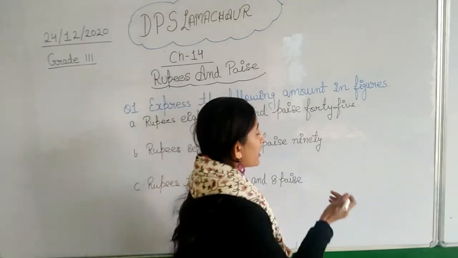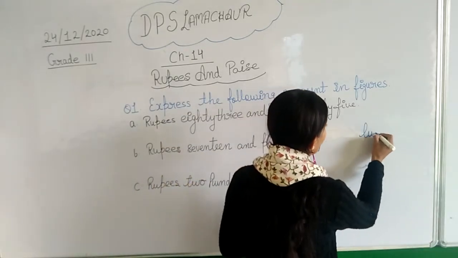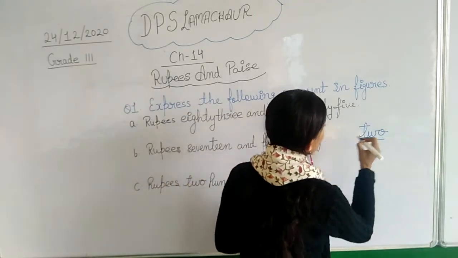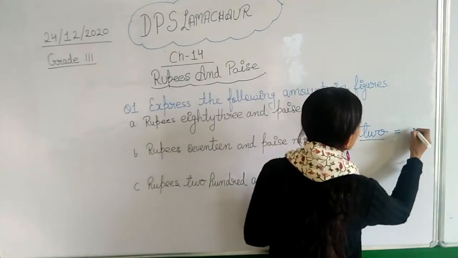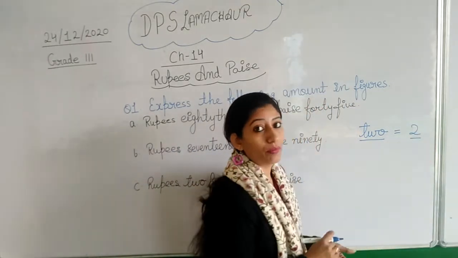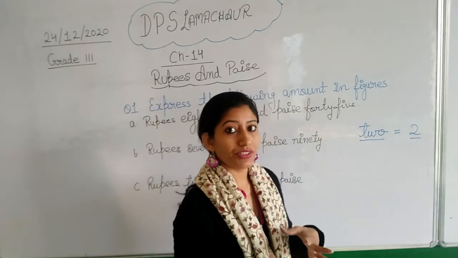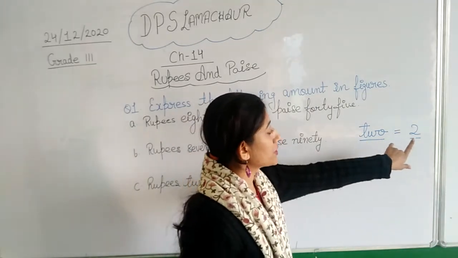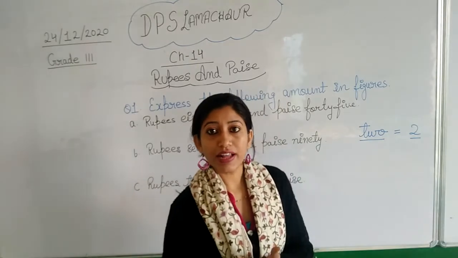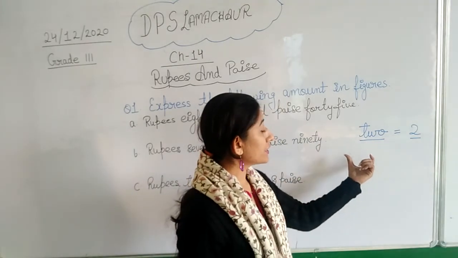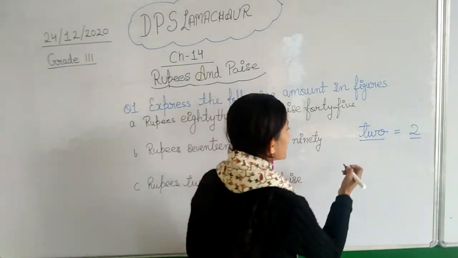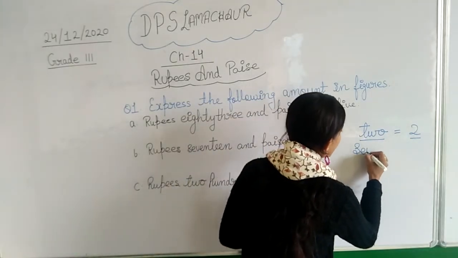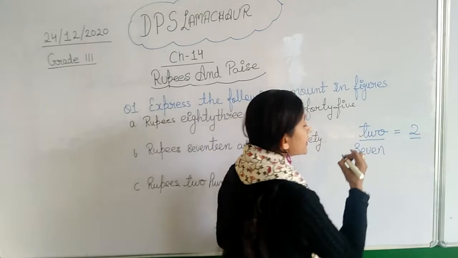Means when we are writing TWO, this is called word form, and when I am writing it as 2, this is called figure form. Okay? First of all, understand that this is called word form, this is called figure. Again, if I say to write 7 in words, how will you write 7 in words? SEVEN.